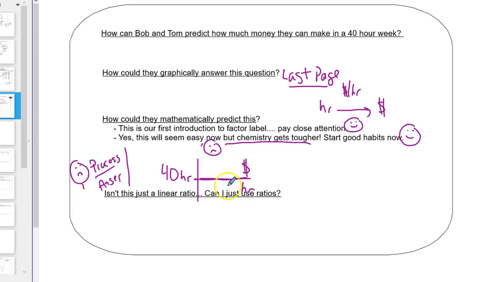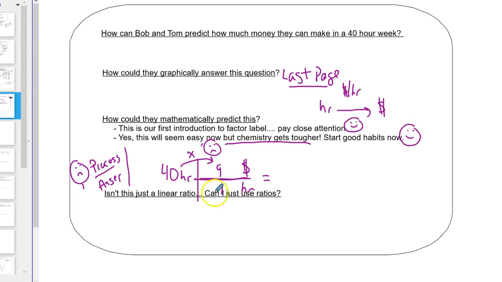This is just the dollar-hour relationship that Bob makes: 1 hour is equivalent to $9. And 40 times 9 equals how much? Now here's the thing. Anytime you have a number on top, you multiply.